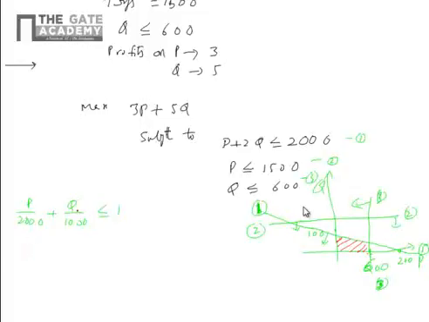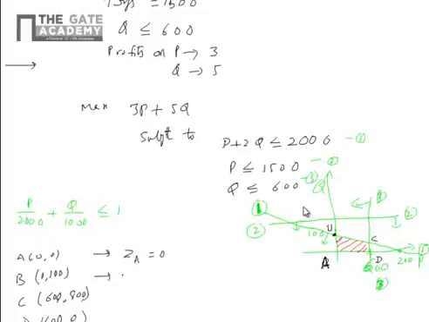There are points like A, B, C and D. A is 0, 0. B is 0, 1000. C is the intersection of this point, 600, 800. D is 600, 0. So calculate ZA equal to 0.